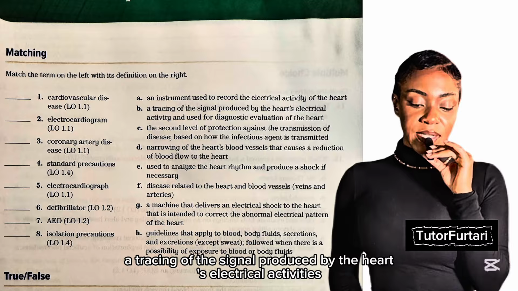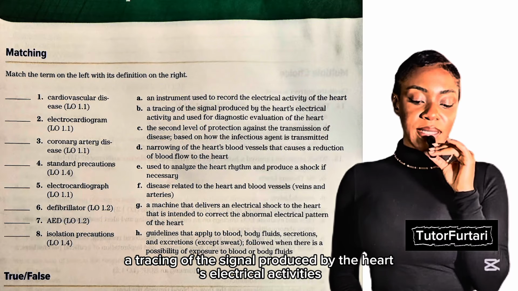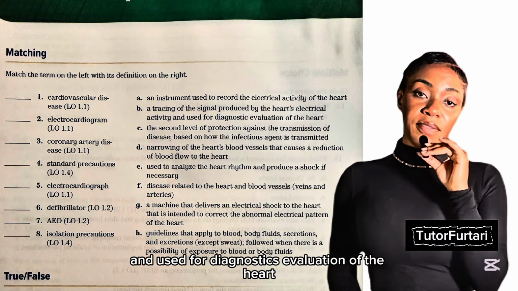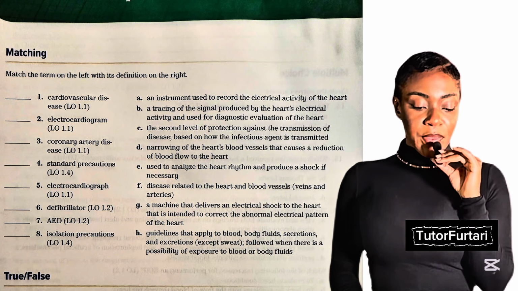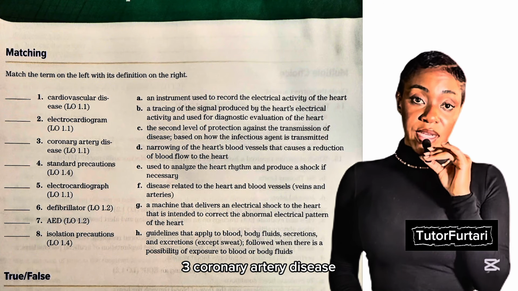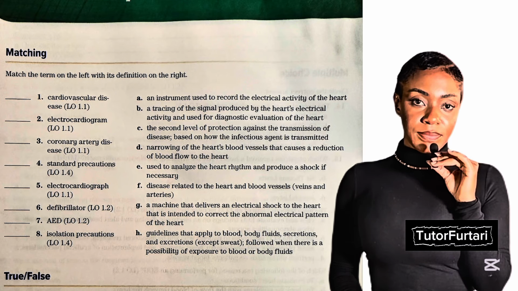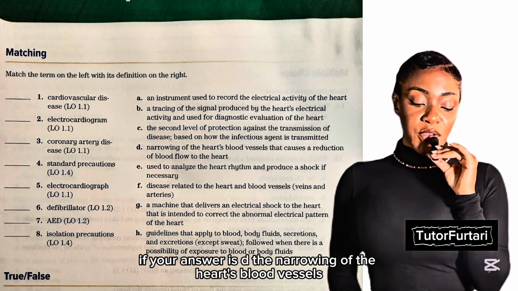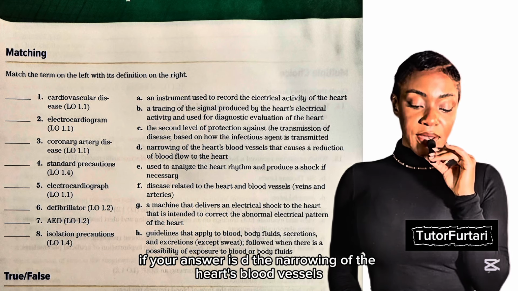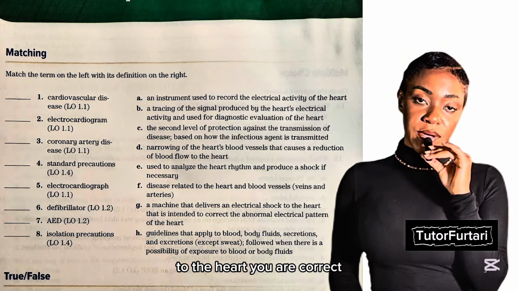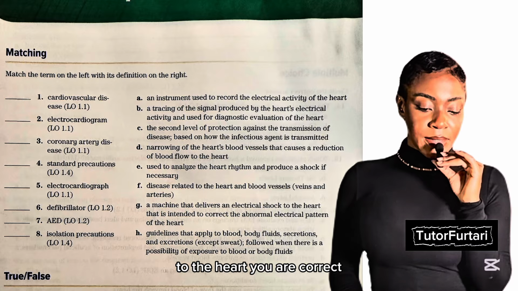A tracing of the signal produced by the heart's electrical activities and used for diagnostic evaluation of the heart. 3. Coronary artery disease. If your answer is D, the narrowing of the heart's blood vessels that causes a reduction of blood flow to the heart, you are correct.